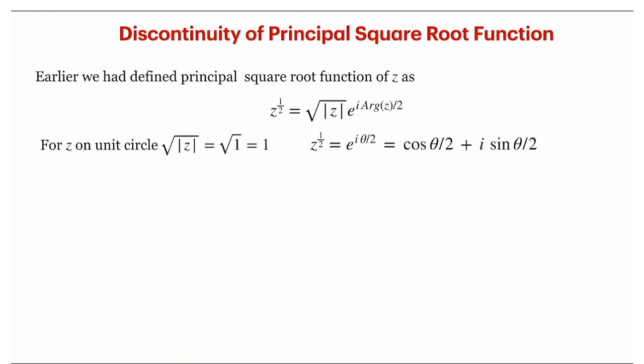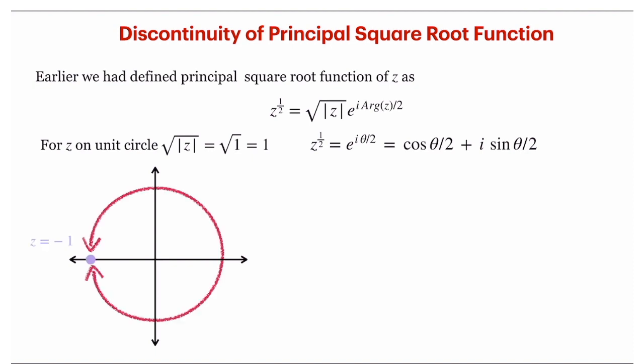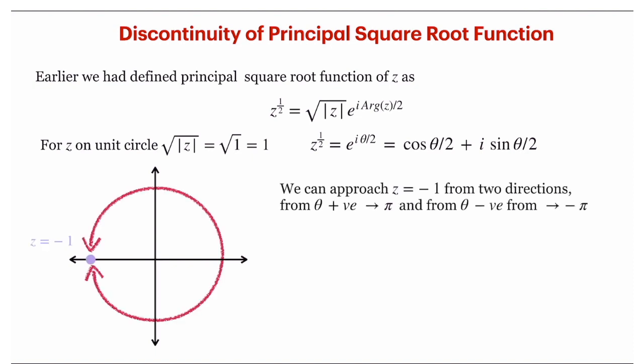So we have z to the power half equal to e to the power i theta by 2, or cos theta by 2 plus i sin theta by 2. We have a plane here, the xy plane or uv plane, where I plotted z equal to minus 1. We have to essentially compute the limit and the value of the function.